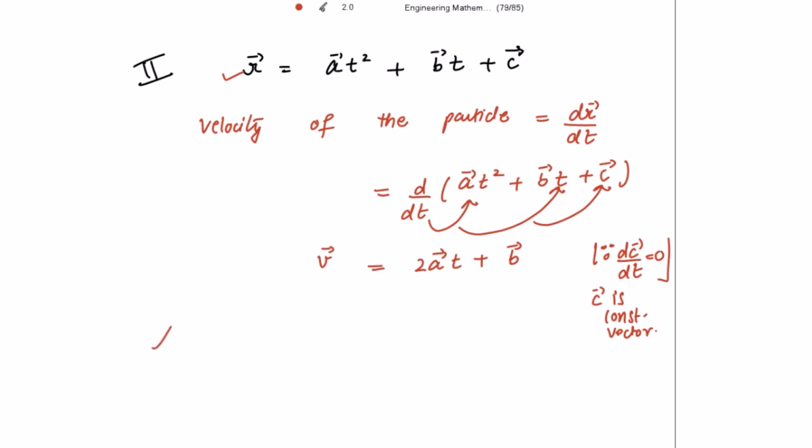Okay, what is the acceleration of the particle? We need to show that the particle is moving with constant acceleration. What is the acceleration of the particle? It is the derivative of the velocity with respect to time. Do you remember? So we need to derivate this velocity now with respect to t.